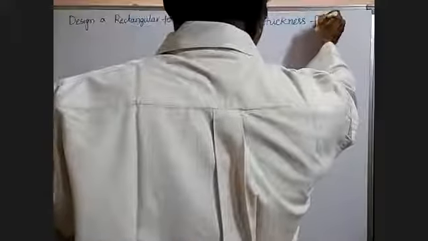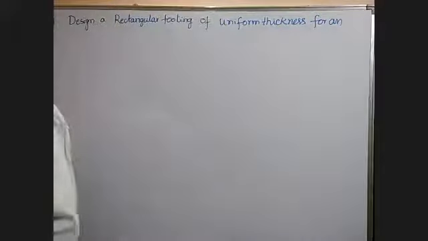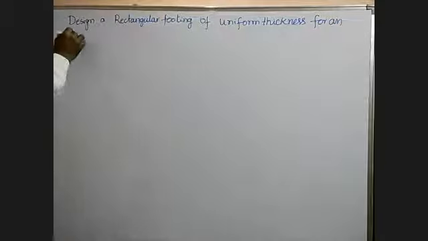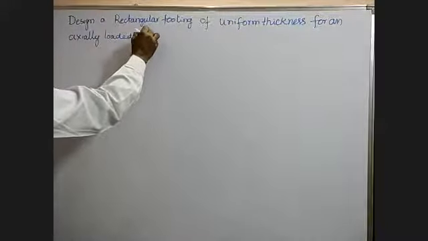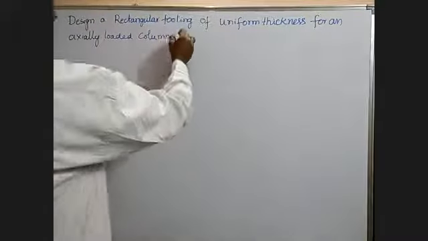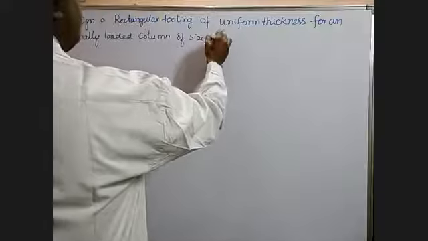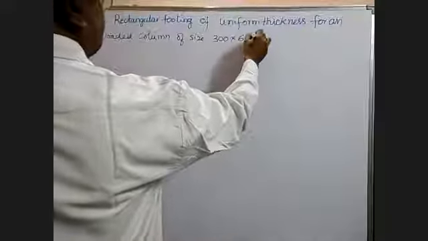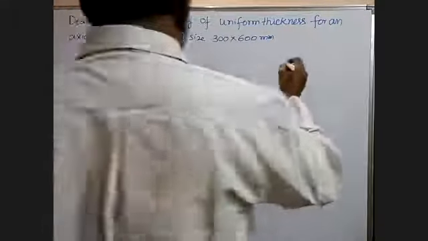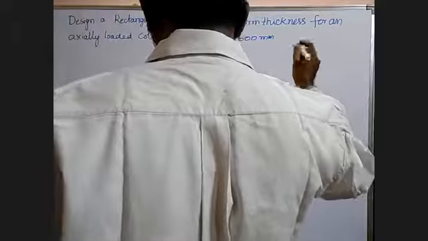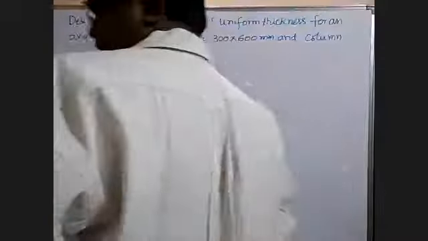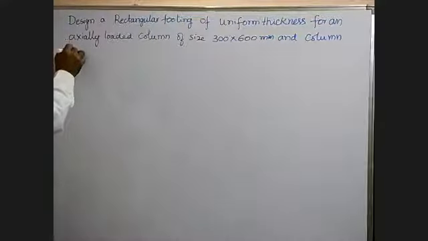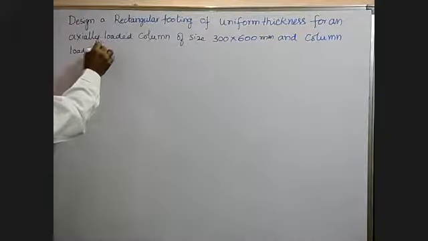For an axially loaded column of size 300 by 600 mm, the column load is 1150 kilonewtons.